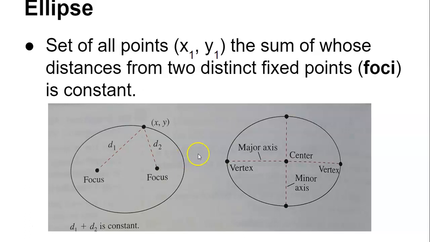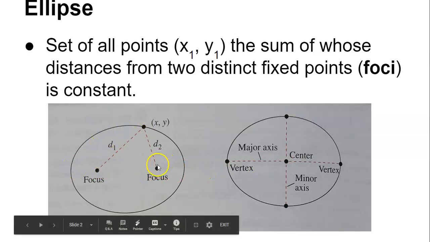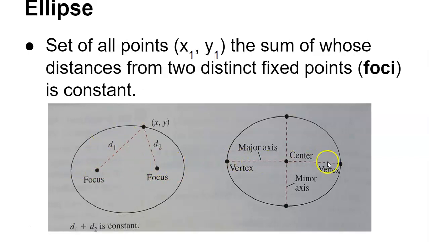An ellipse has a center. The center of the ellipse is a point that's not on the ellipse. It will have the two foci, which are inside the ellipse. They're not on the ellipse either. But then the longer axis, the major axis of an ellipse, you'll have a point at each end, and that's called the vertex. So there's two vertices.